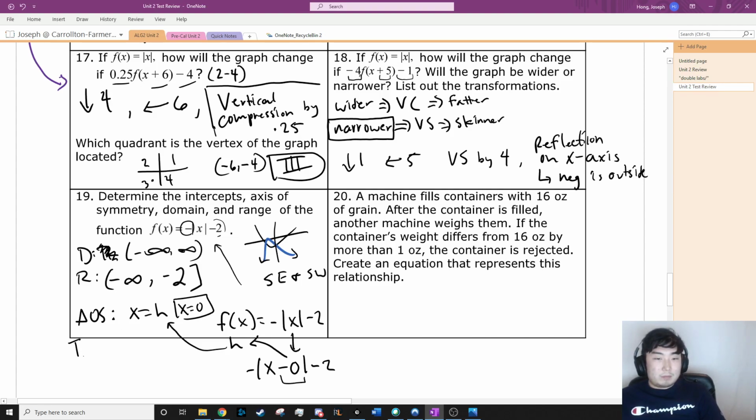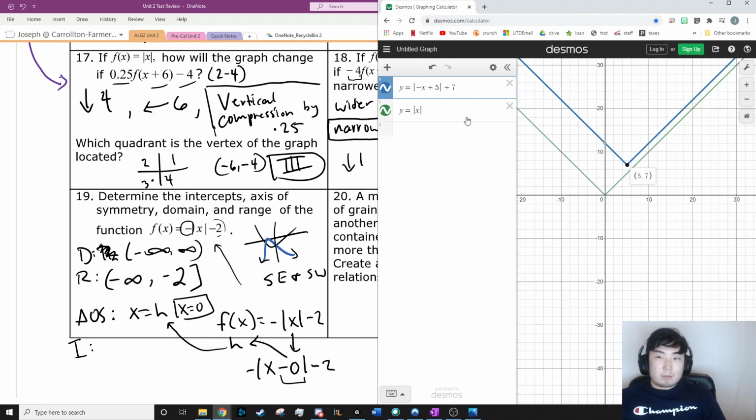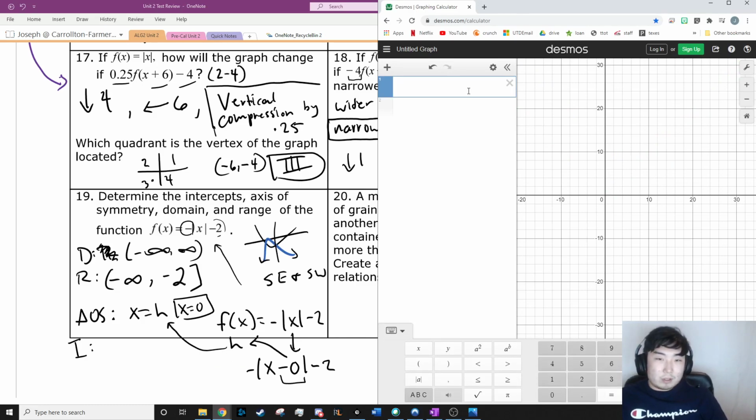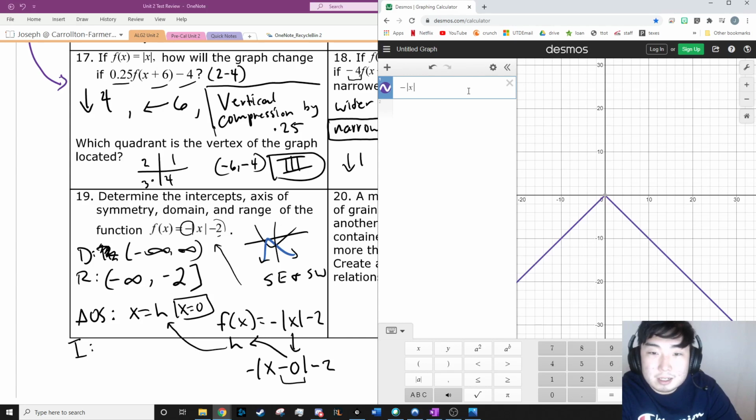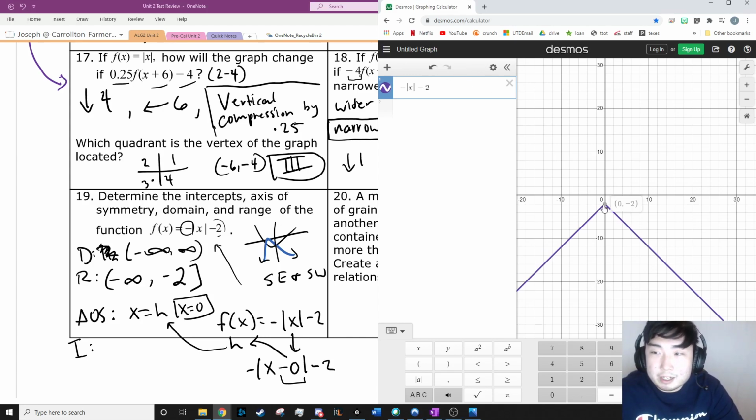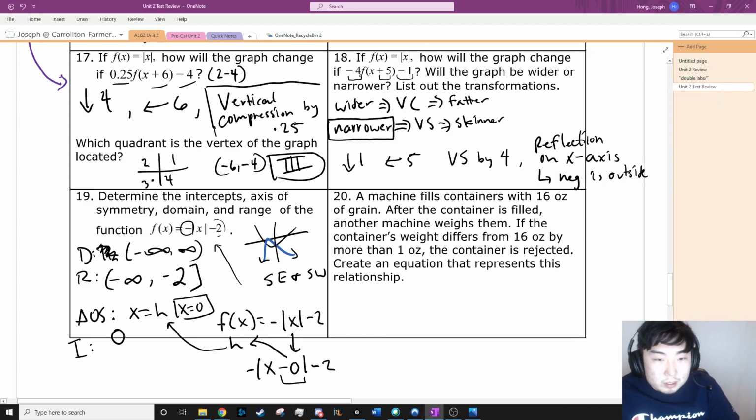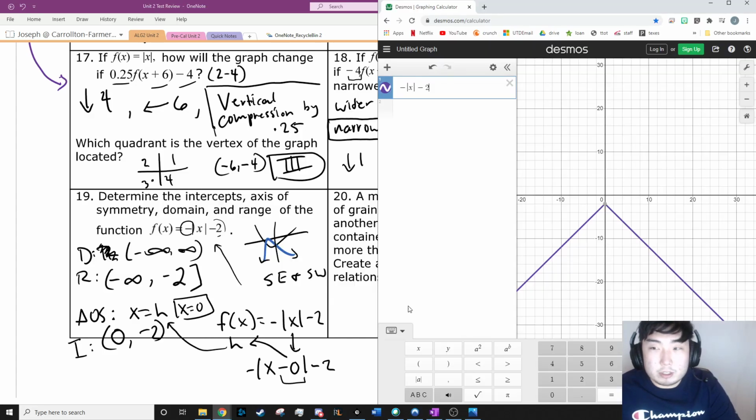And my intercept, this is the time where you would graph this. Negative absolute value of x minus 2. My intercept is right here, 0, -2. And while we're graphing it, let's just check our work.